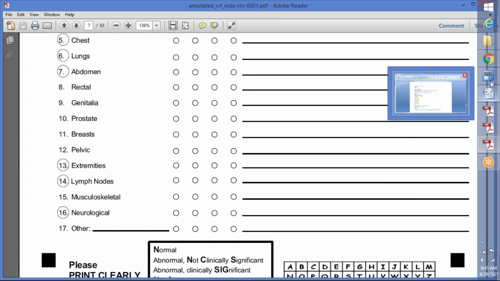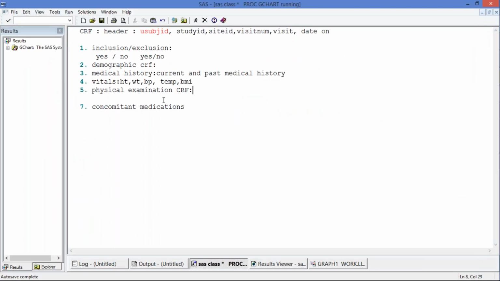And we have the CRF for concomitant medications. You know concomitant medications along with the study drug. If the patient is on any other medications, it is concomitant. Then what about medication details? We even have the CRF for the study medication details.